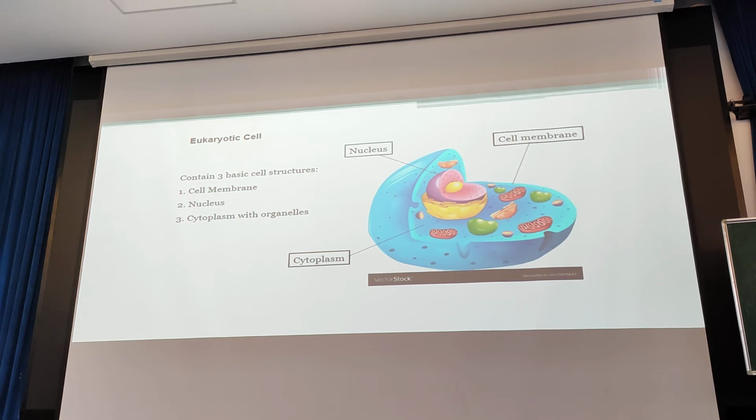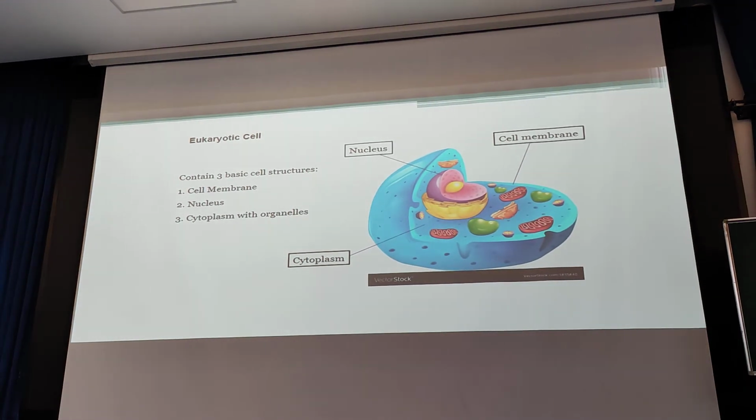We can say that it's like our brain or our nervous system, which contains all the information and controls all of the reactions inside the cells. And the last part is the cytoplasm with organelles. The cytoplasm, inside the cell membrane, is like our blood, okay? Cytoplasm with organelles is like our blood with our organs.